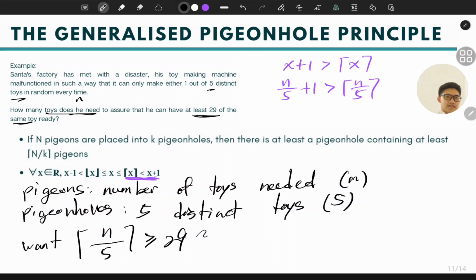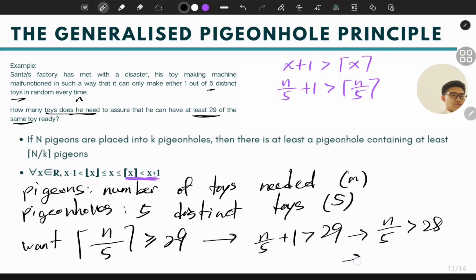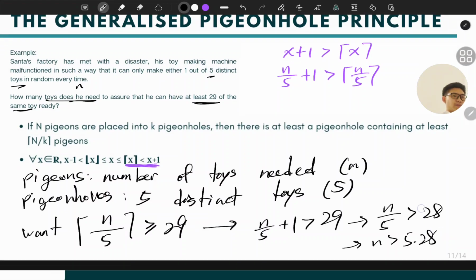Therefore, we plug that into here, and we get n over 5 plus 1 is greater than 29, which implies that n divided by 5 is greater than 28, which means n needs to be greater than 5 times 28.